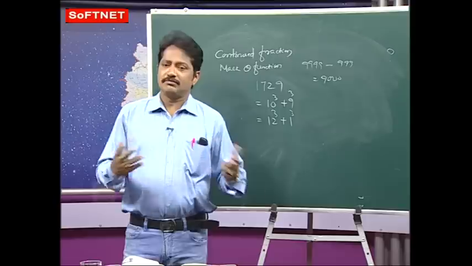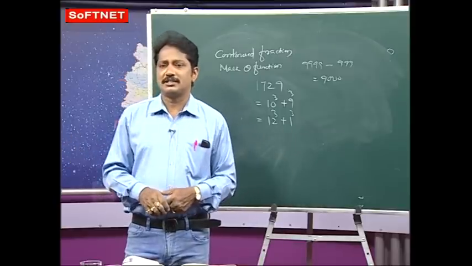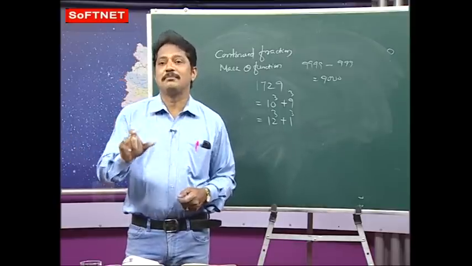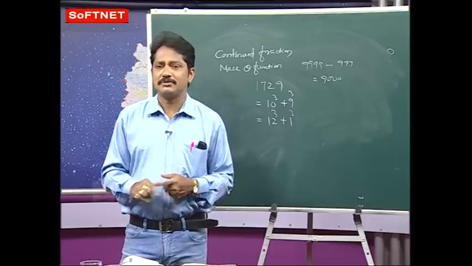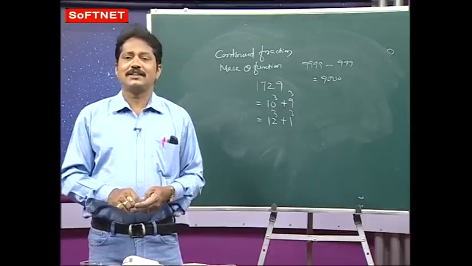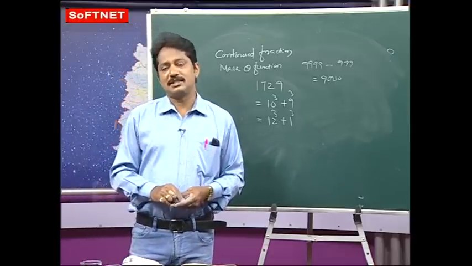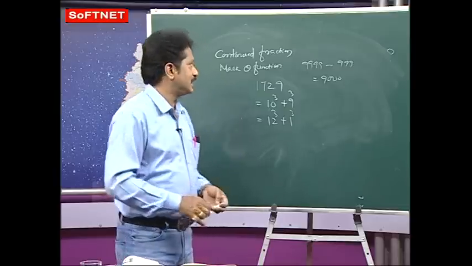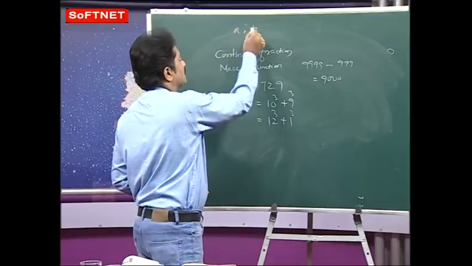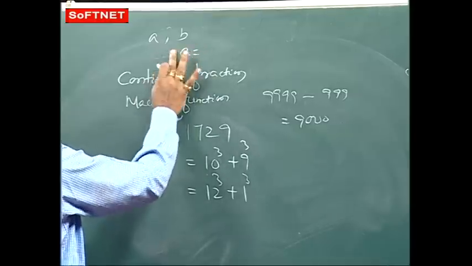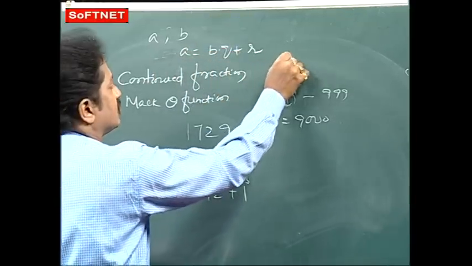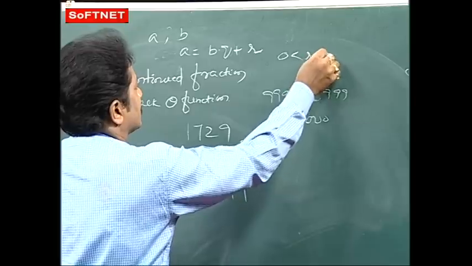And the development in other branches, as you know, in the number system we call it Euclid's Lemma. We use the concept of Euclid's Lemma. In the 10th class textbook, in the chapter on real numbers, we gave Euclid's Lemma. If a and b are 2 numbers, then you can say a is equal to b into q plus r, where 0 is less than or equal to r, which is less than b.